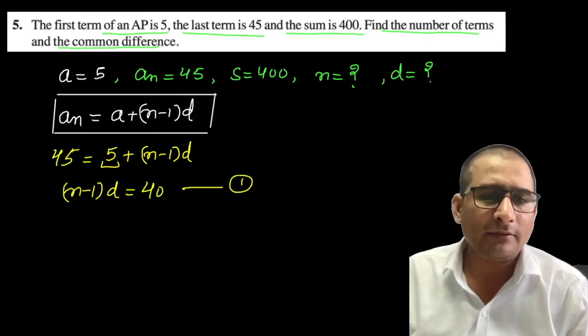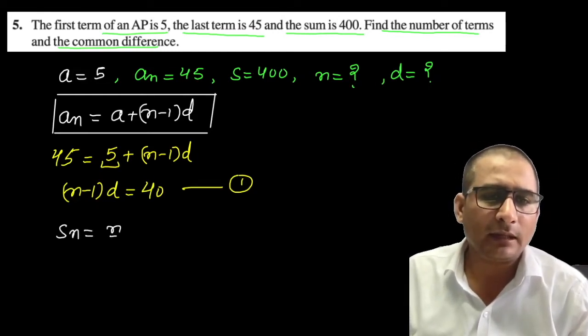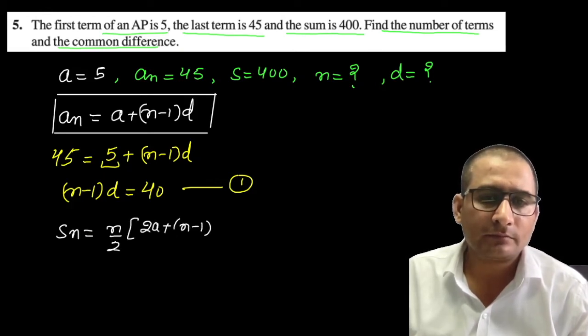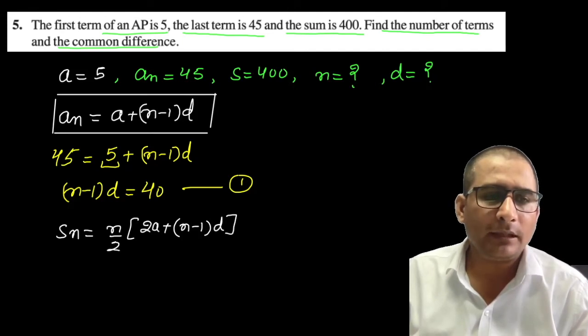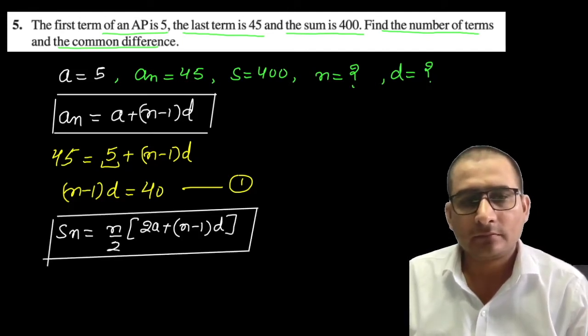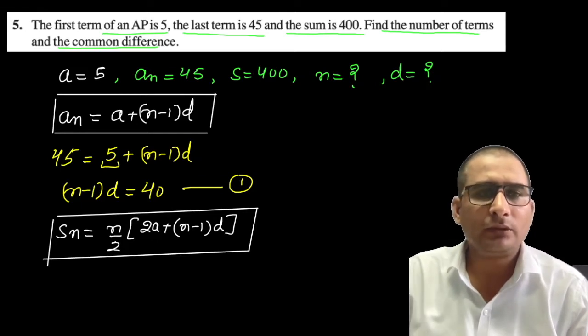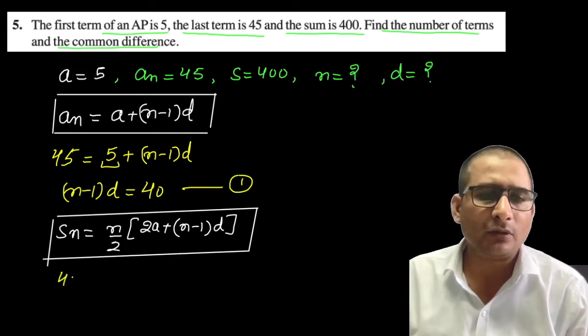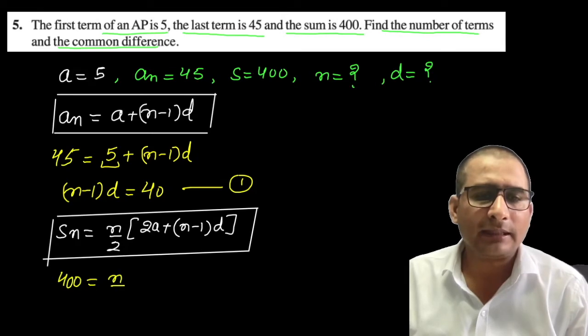Now let us apply the second formula for Sn. Sn is equal to n by 2 [2a plus (n minus 1) into d]. So this is the formula. इस फॉर्मूले को अप्लाई कीजिए, put all the values in this formula, given values, s is given 400, n हमें पता नहीं है, a is 5, (n minus 1) into d.